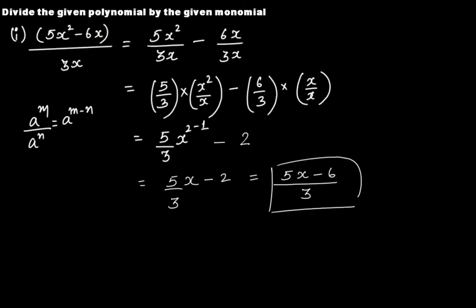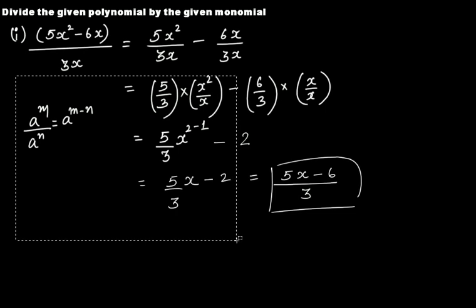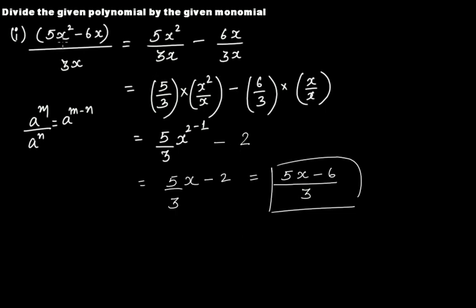Another way to solve the same problem, and you'll notice that you will get the same answer, let's do it here only. This is 5x squared minus 6x. So basically it's 5 multiplied by x and minus 6 multiplied by x divided by 3x.